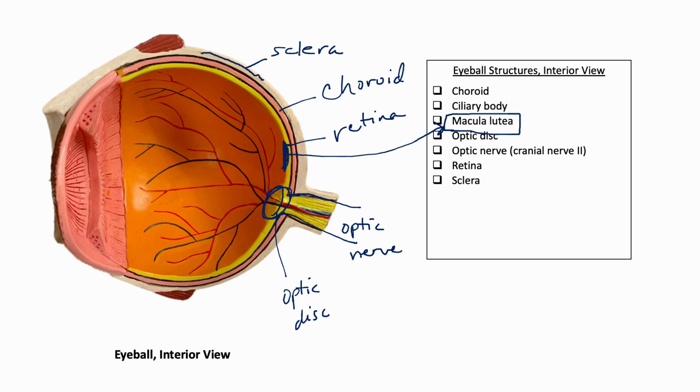The cones are those responsible for our color vision, our very clear vision. So as you're watching this video or as you're reading your textbook, your eyes are focusing that light reflected off that into that area so that you can see it very clearly. We obviously have rods and cones in other areas, but that's the focus to help us have our clear vision right there in the macula lutea.